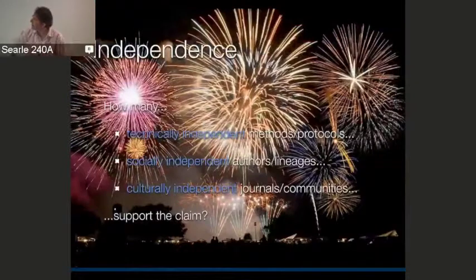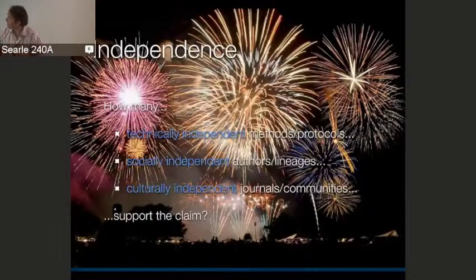So independence, you can imagine that things can be technically independent if multiple methods end up being used to support the same claim. Socially independent if different authors, networks, and lineages within the scientific space independently corroborate the claim. Or culturally independent if different journals, different communities, different literature end up being garnered to support the research design that supports the claim, right?